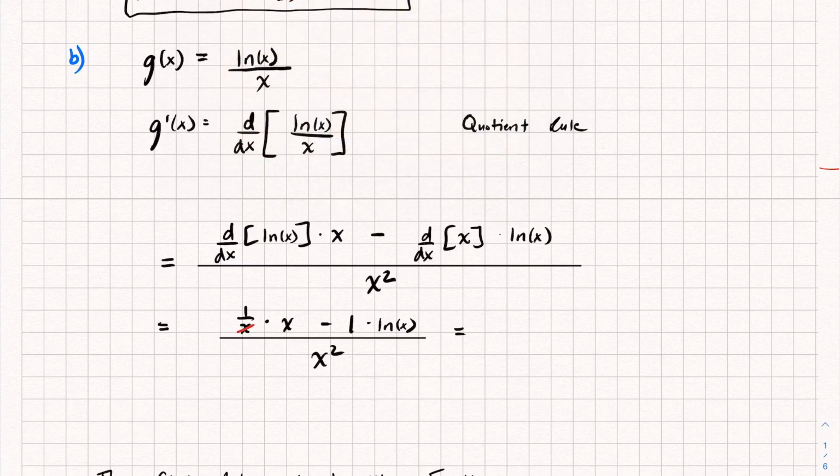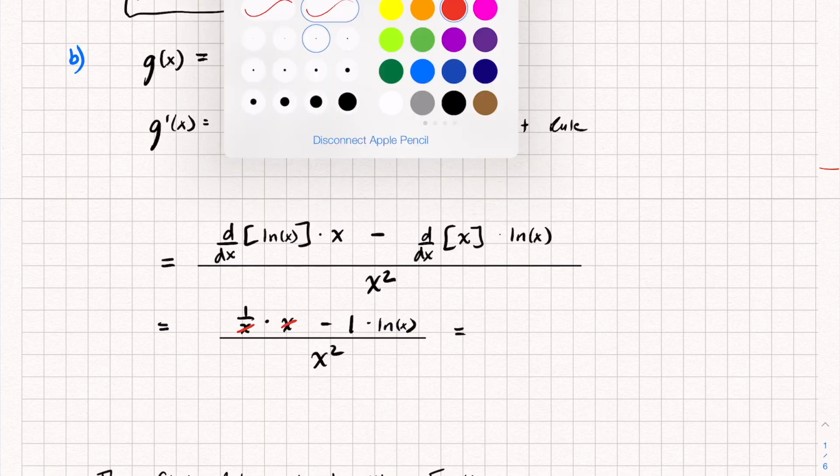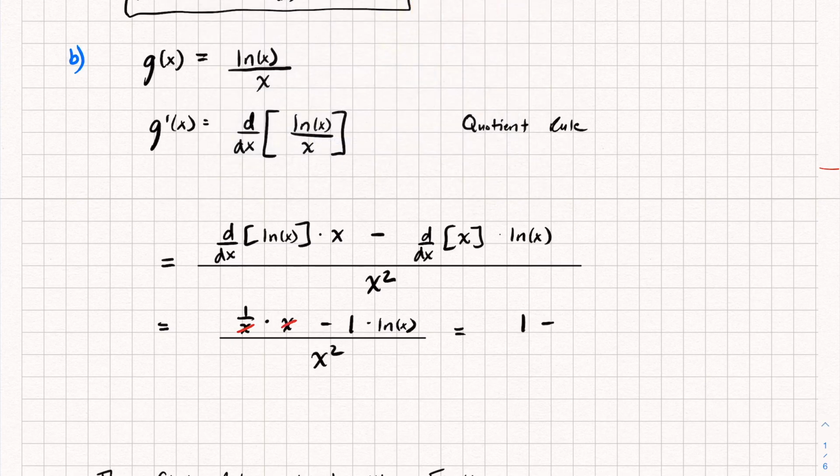These x's are going to cancel. So in the numerator, I would get 1 minus 1 times ln of x, which is just ln of x, all divided by x squared. This is my solution. This is the equation for g prime, the first derivative. All right, and this is the first example, parts A and B.